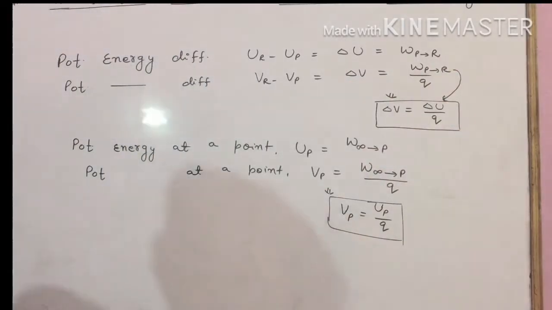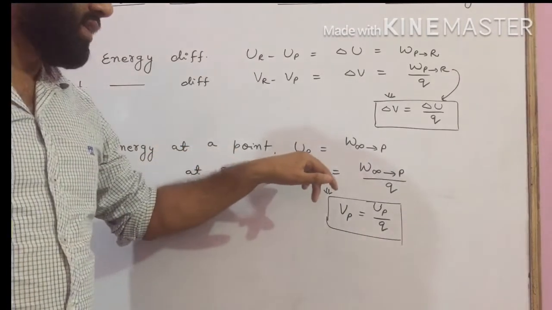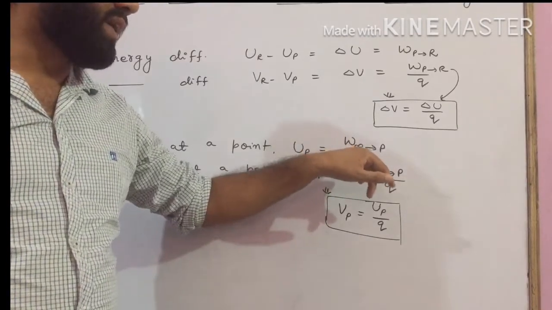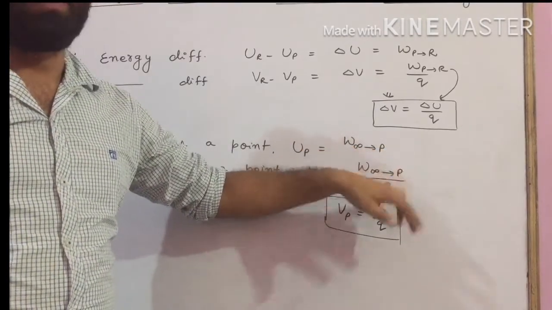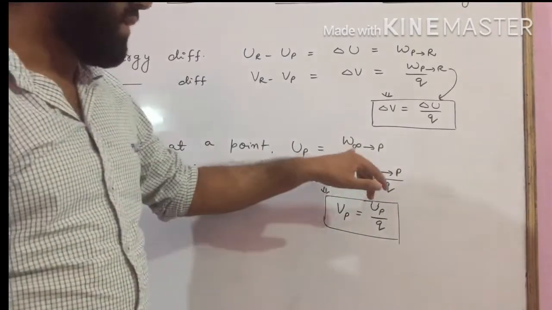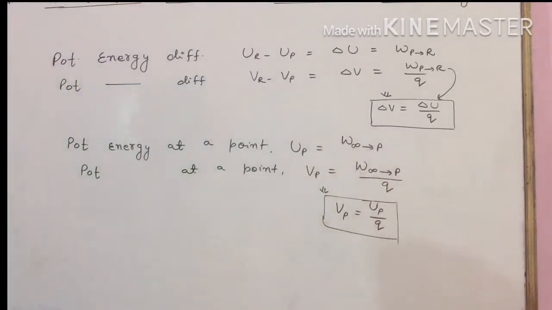Now in the same way, if we calculate the potential energy at a point, the potential energy at a point will be the work done in moving the charge from infinity to the point. So infinity is taken as the reference. It is the work done in moving the charge from infinity to point P without acceleration.